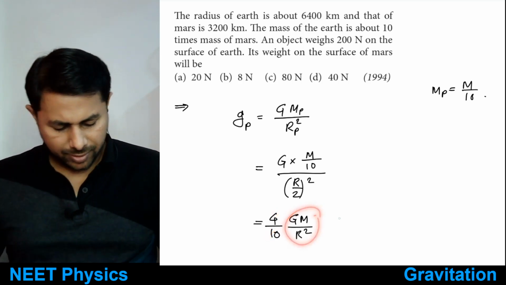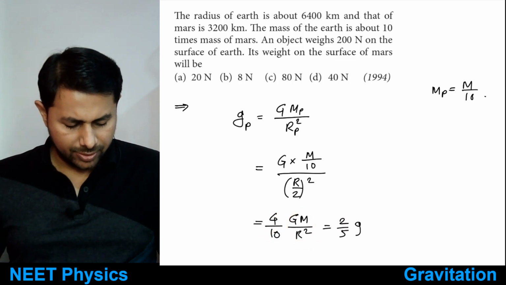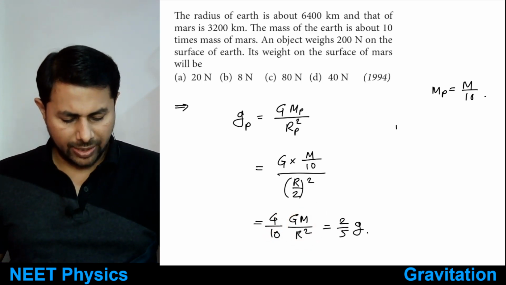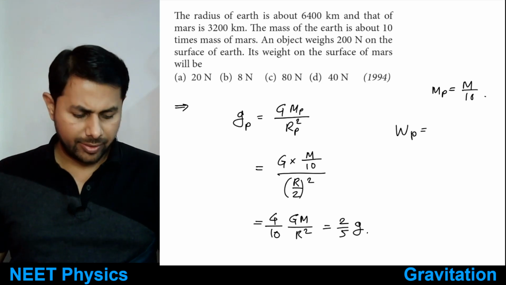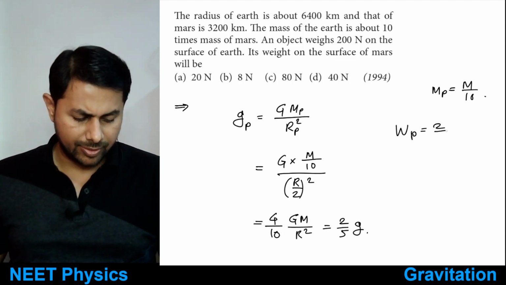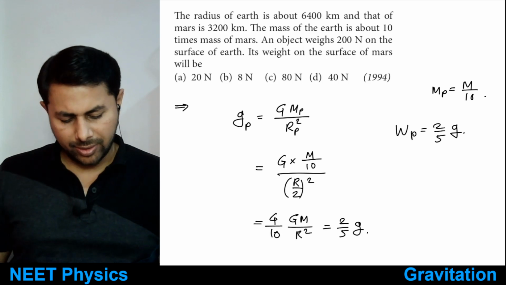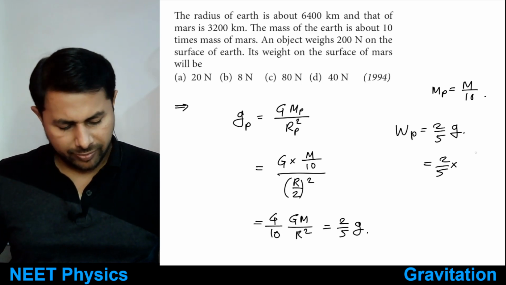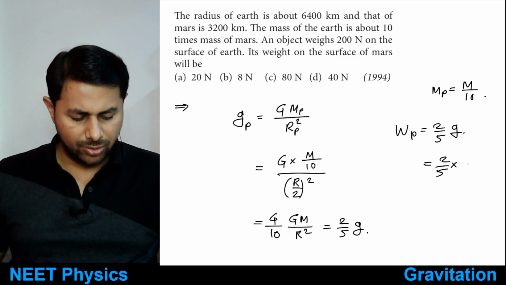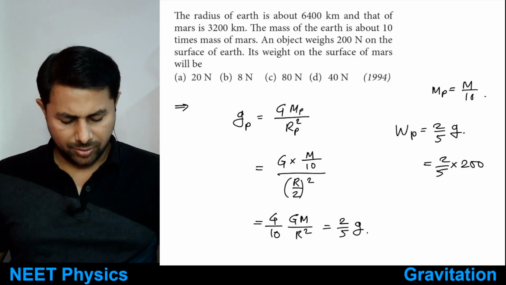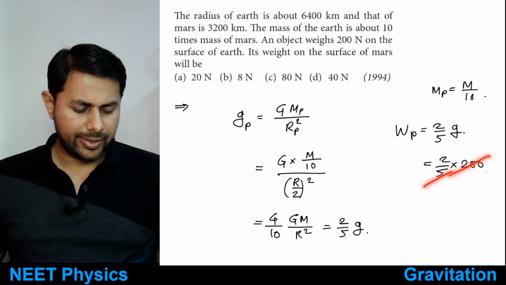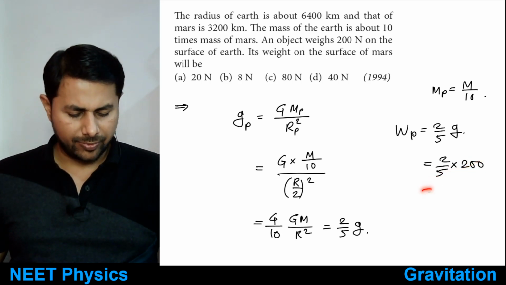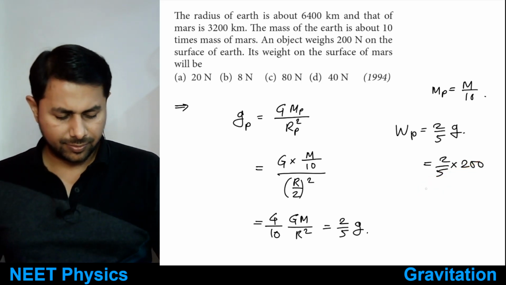So it is 2/5 of g, and therefore the weight on that planet would be 2/5 of the weight on earth. 2/5 of 200: 200 times 2 is 400, divided by 5, how much? 80.